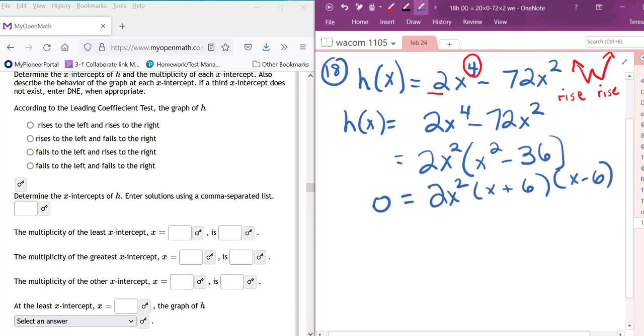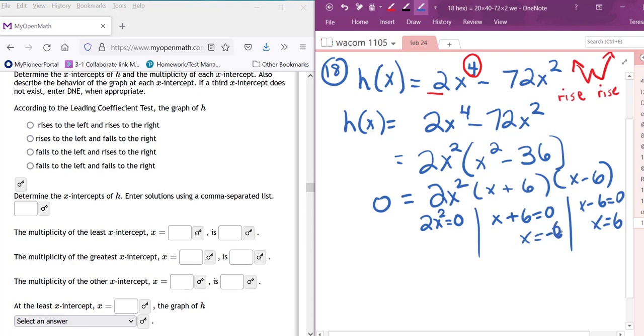And now we can solve. We'll set each one equal to 0 and solve. So this will be x equals 6. This will be x equals negative 6. This one you would divide by 2. It's still going to give you 0. And the answer is going to be 0, but this one is going to occur 2 times.